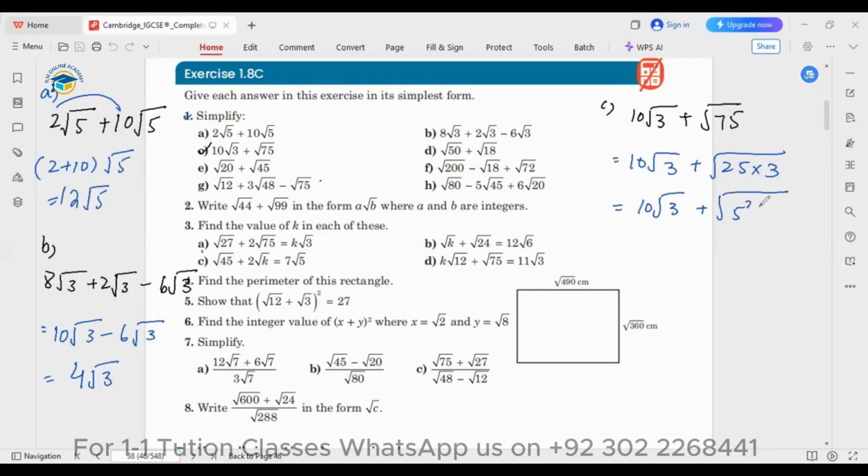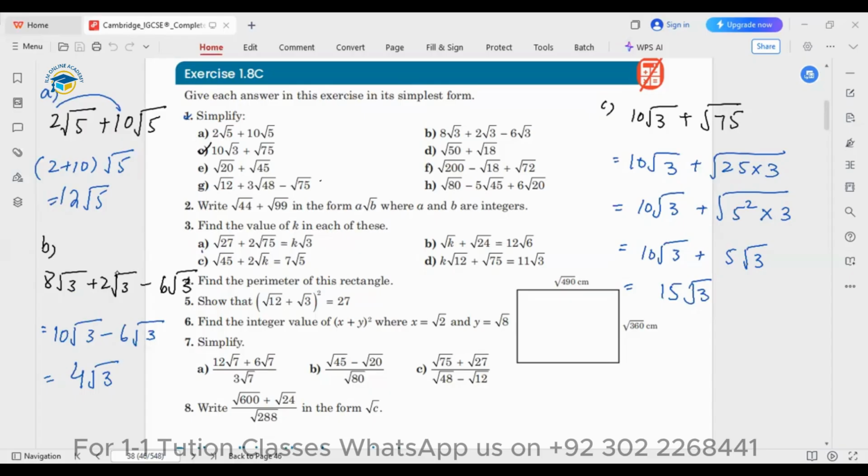So we can write this 25 as the square of 5, and then we can take this 5 outside of the square root, and your number will be 5 square root 3. So now the simplification is done. We can add the surds together. 10 plus 5 will be 15. Along with that, the square root 3 as it is. Okay, so 15 square root 3 is your answer for part C.